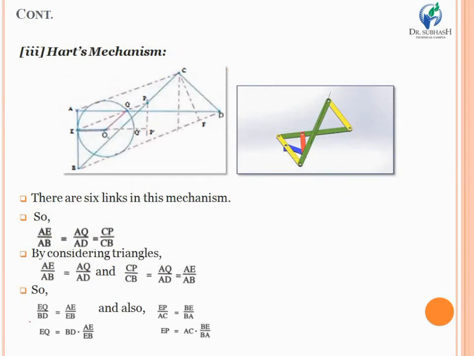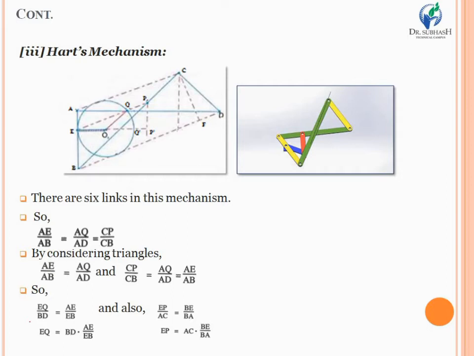After that, there is a very important special mechanism, and that is Hart's mechanism. It is also a kind of exact straight line mechanism, and generally it has 6 links. You can see from the figure of Hart's mechanism that the links AB, CD, AD, BC, OE, and OQ are the 6 links assembled.